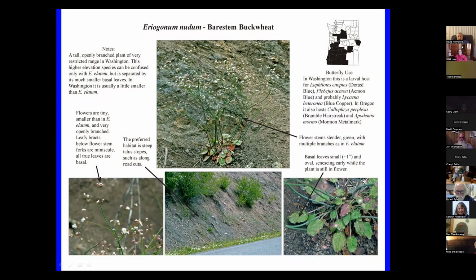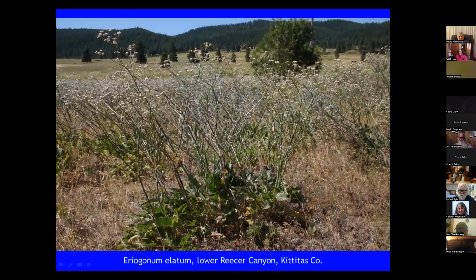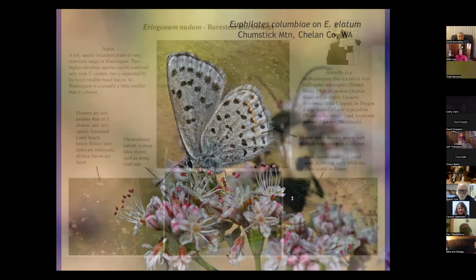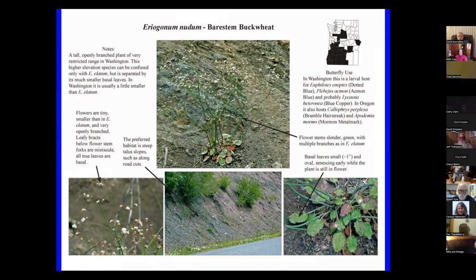They're small and they're round, whereas elatum has these huge pointed leaves at the base. The leaves are very different, but the plants themselves are really quite similar. Bare stem buckwheat nudum doesn't grow quite as tall as elatum, and it's much more restricted in its range. It's found in only a few areas.